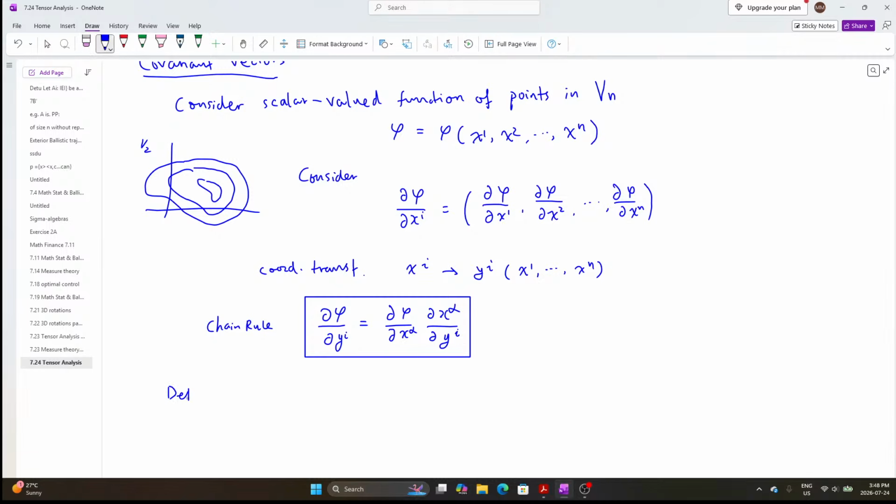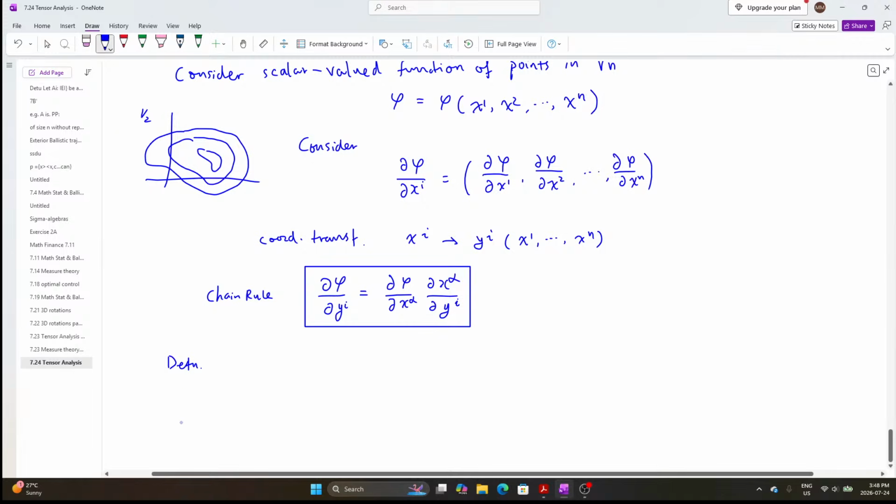So now you have this new law, and let's make a definition based on that. Definition. This is a definition for covariant vectors. If the vector components transform according to this law, then we call them the components of a covariant vector.